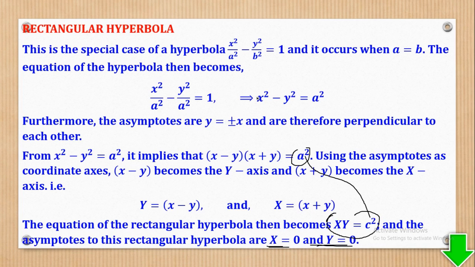But when it is written in this form, the asymptotes will become y equal to plus or minus x. So always remember that. It depends on the format in which they write your rectangular hyperbola, but most questions will write their rectangular hyperbola in this form. Therefore remember that x equal to 0 and y equal to 0 will become your asymptotes.